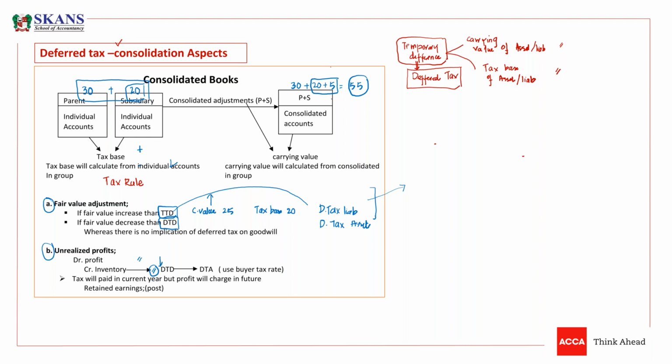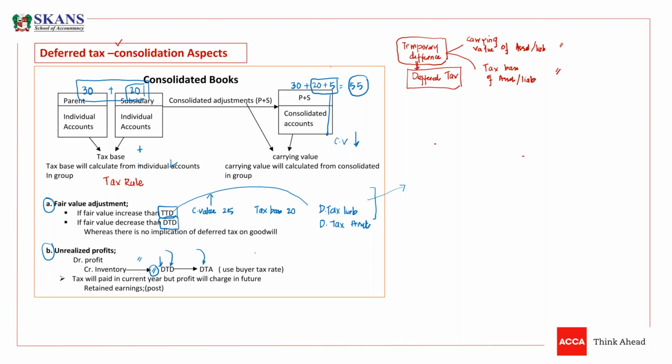It means we are decreasing our asset, so the carrying value of the asset will decrease. And if the carrying value is decreasing below the tax base, it will create a deductible temporary difference, and we have to book a deferred tax asset.